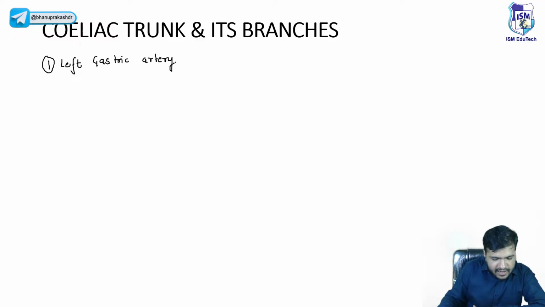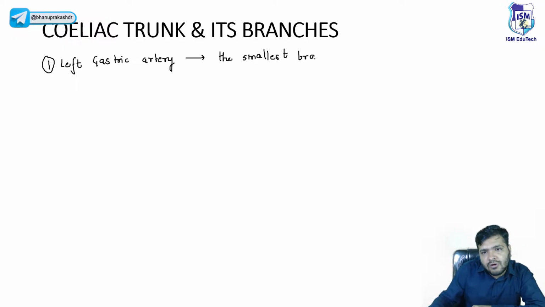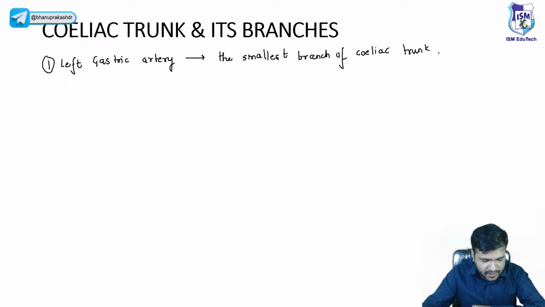And remember, beta, the left gastric artery is the smallest branch of the celiac trunk.